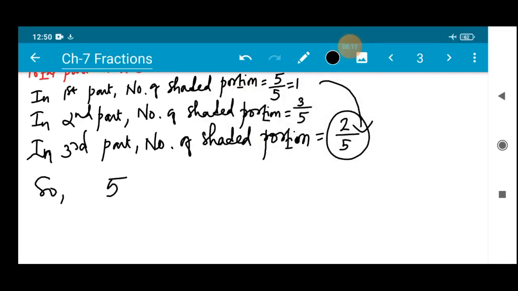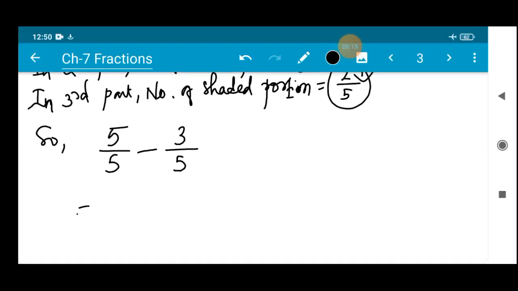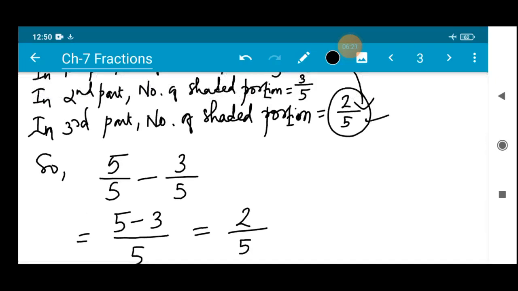So let us subtract 5 by 5 minus 3 by 5. As the denominators are the same, I can directly subtract this. So 5 minus 3 is 2 by 5. Yes, we are getting the value 2 by 5.